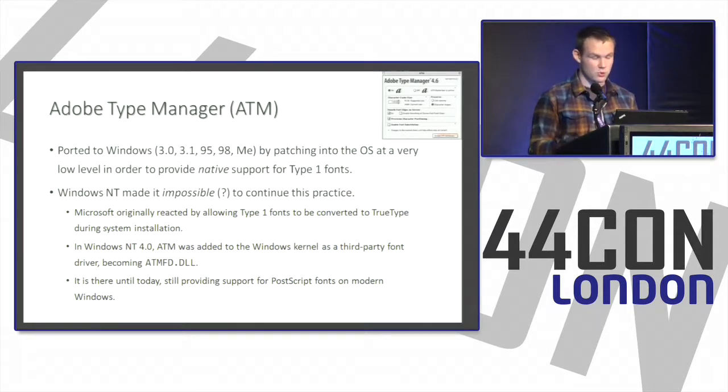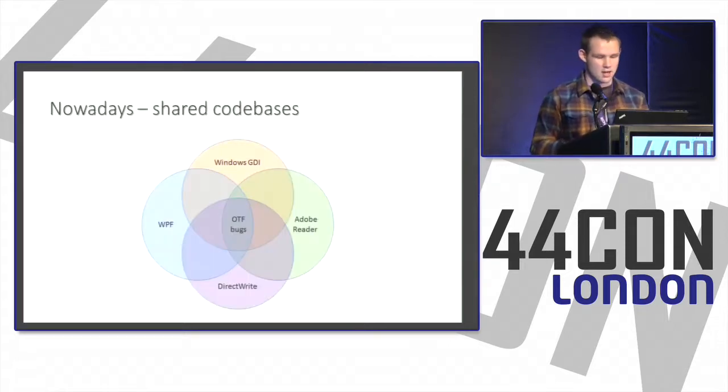It was contributed by Adobe to Microsoft, so it's actually Adobe's code and not Microsoft's. And the most important part about it is that it's used in many different software, so it's not just Windows GDI, but the very same code that Adobe contributed to Windows is also used verbatim in Adobe Reader, in DirectWrite, which is a library used to rasterize fonts in user mode by document readers and web browsers and stuff like that, and it's also in Windows Presentation Foundation.